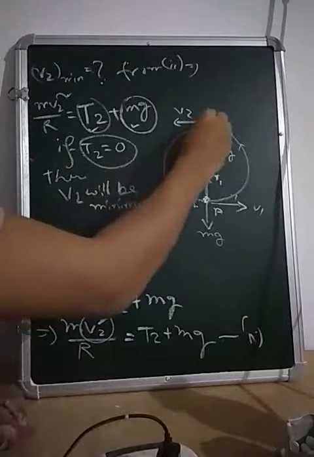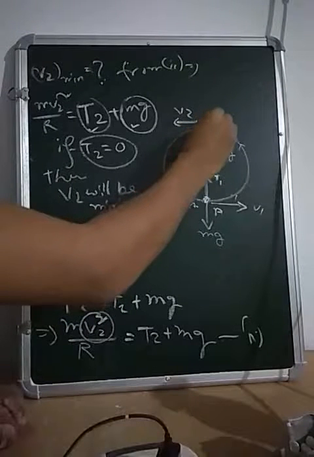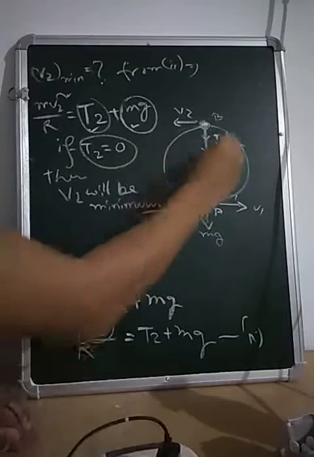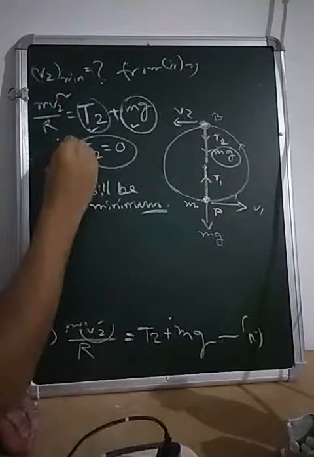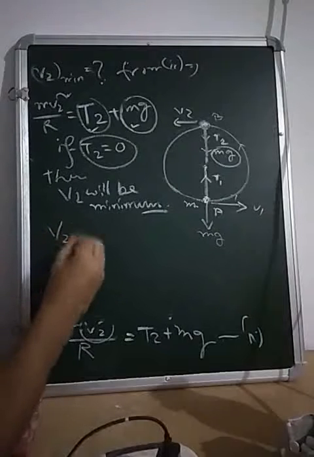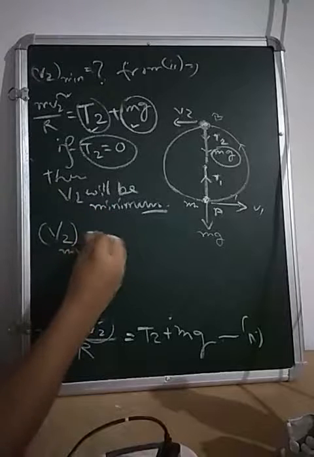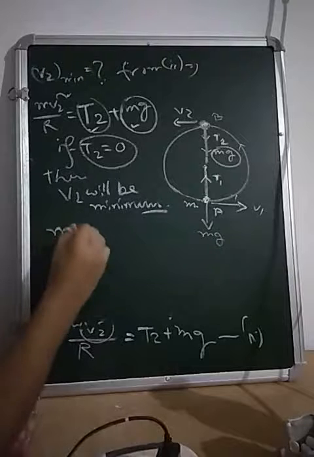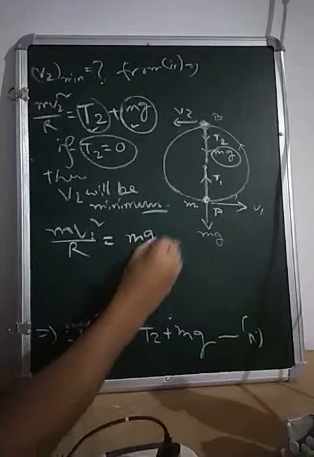If T2 is 0, the centripetal force at this position is exerted by the gravitational pull mg. So we can write it for minimum V2. mV2 square by r equals mg, after putting T2 equal to 0.